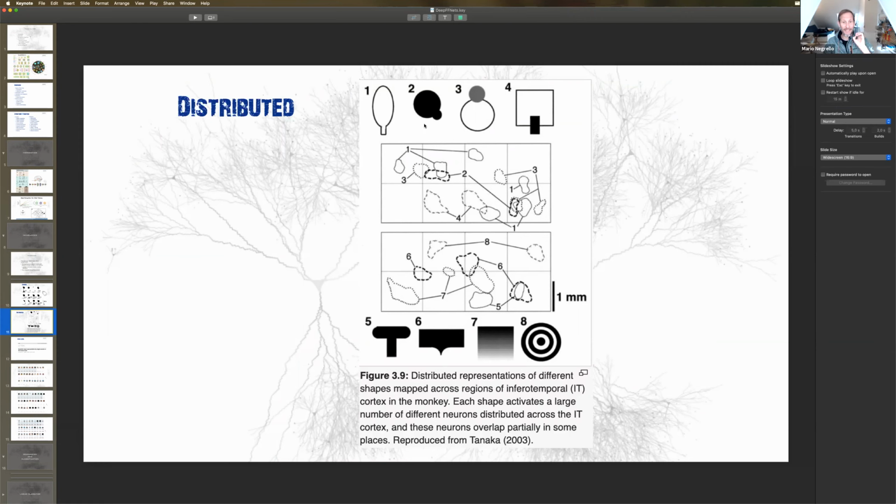If you see here, for example, shape 1 had most active receptive fields in the inferotemporal cortex in these 3 positions. This is a 1 millimeter patch of a monkey brain. So you can see that the preference for that neuron exists in different parts of space, which gives the idea that it's graded and it's distributed.